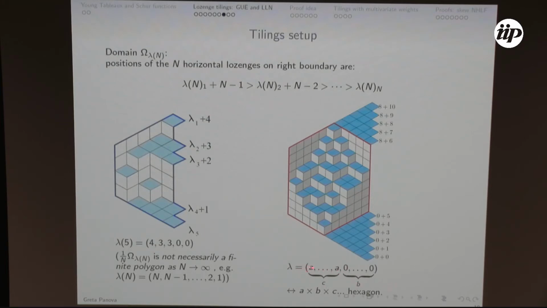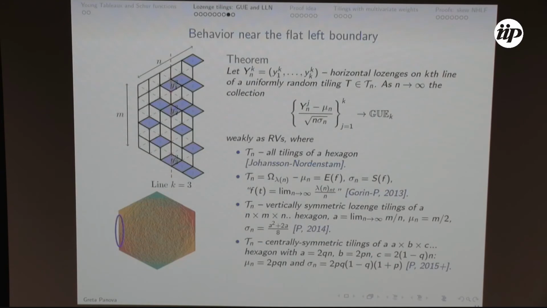So just some equal numbers and then all zeros, and as you can see from the picture, this tells us that this region here is all flat and this region here is all flat, and the rest is just a hexagon that we are free to tile whichever way we want. So this lambda is going to parameterize our domain, and now one can state the result.